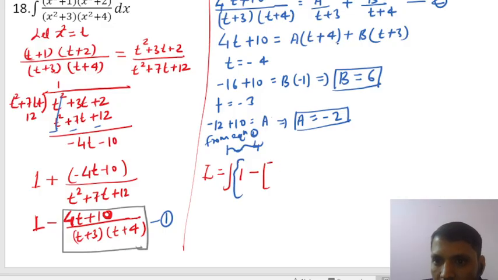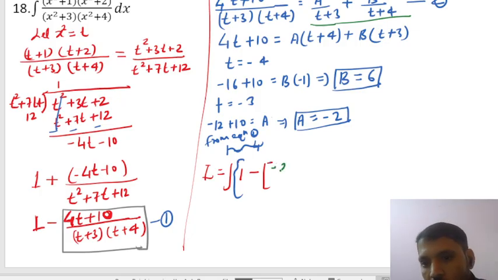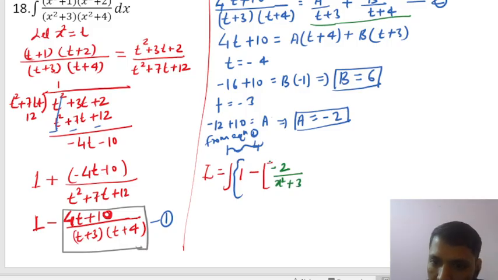So this term I am going to write 1 minus this one term. So a means minus 2 divided by t, and t is equal to x square, so x square plus 3, right? And then plus b means 6, so 6 divided by x square plus 4.